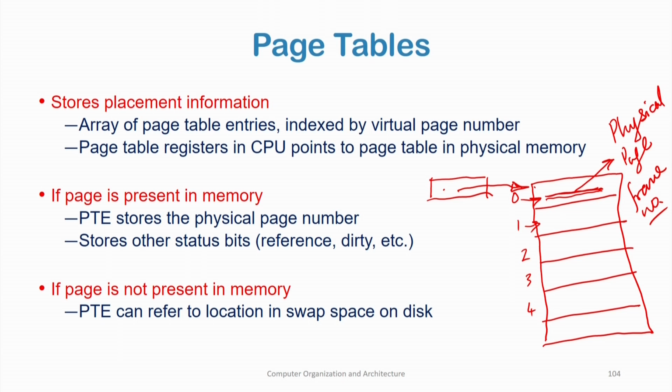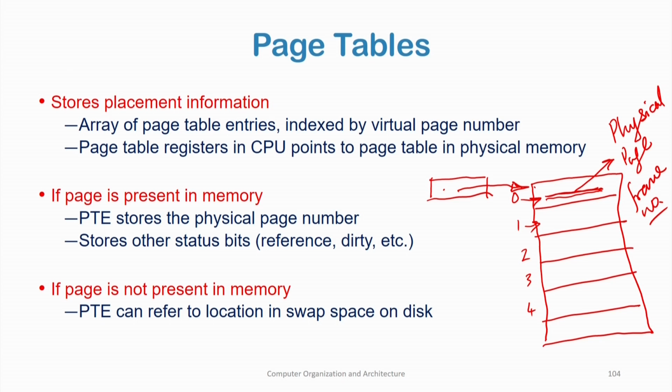So, during a context switch, what do I do? I populate this hardware page table register with the starting address of the page table of the process which has come to the processor subsequent to the context switch.